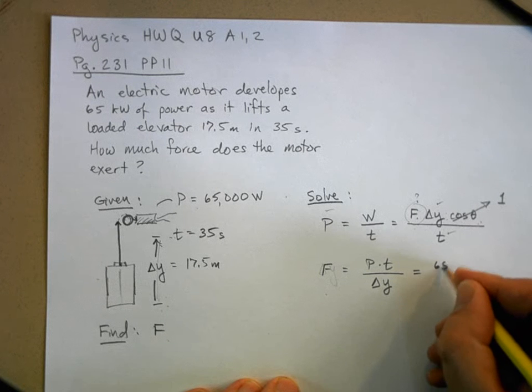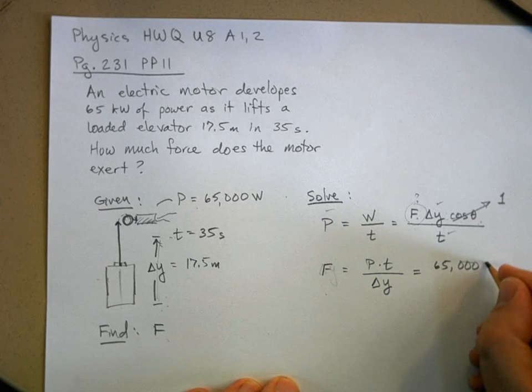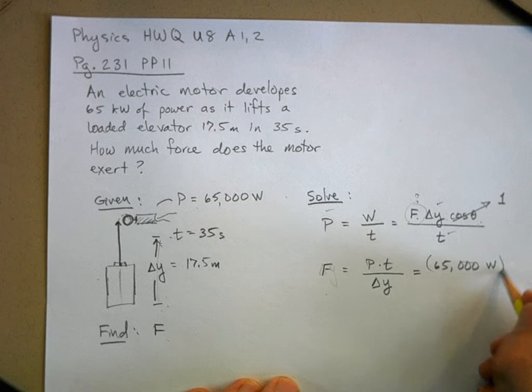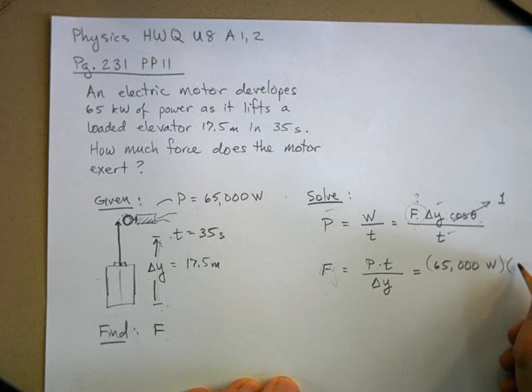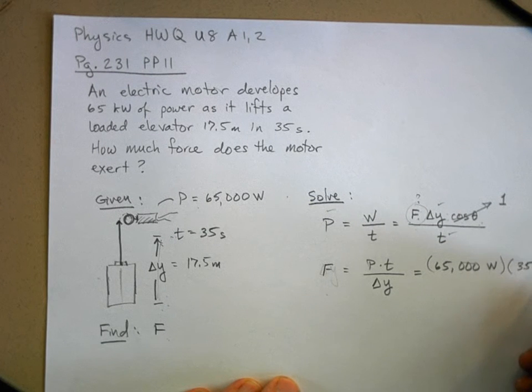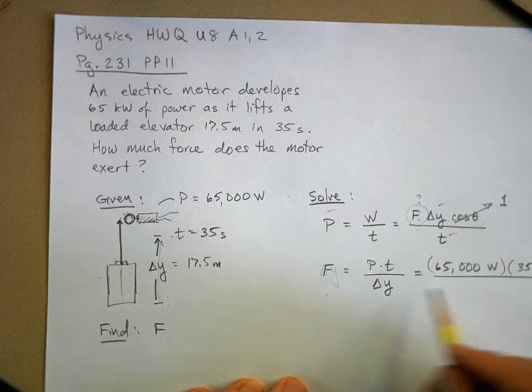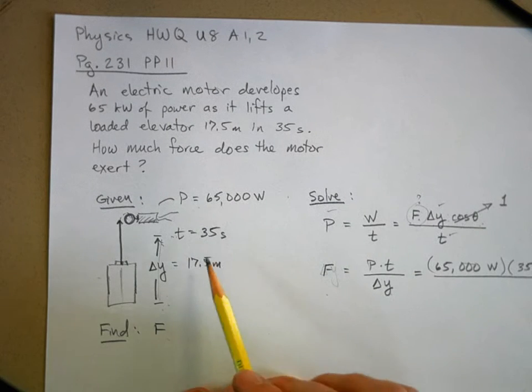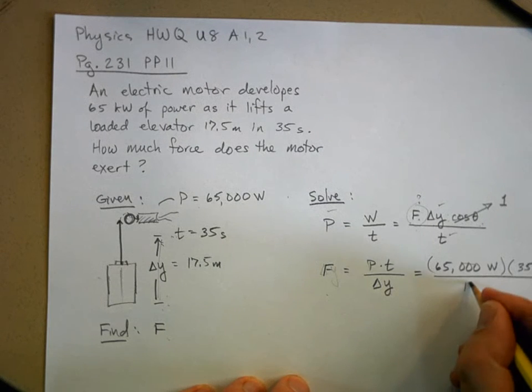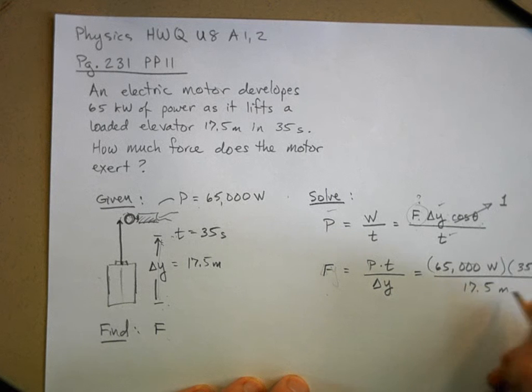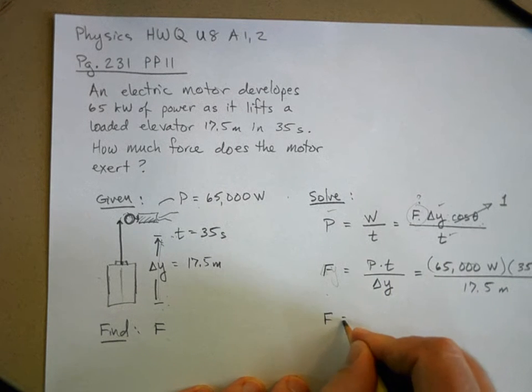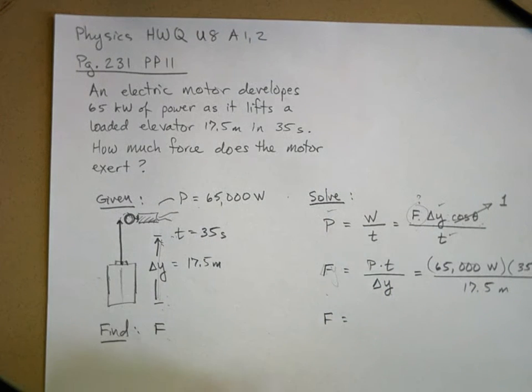So that's 65,000 watts times 35 seconds, and delta Y is 17.5 meters. And when you plug all that into a calculator, I think it's 130,000 newtons.